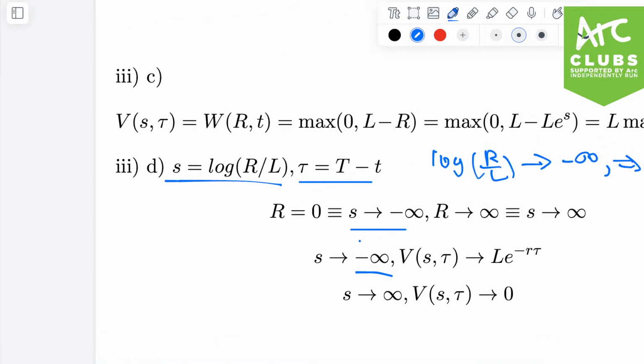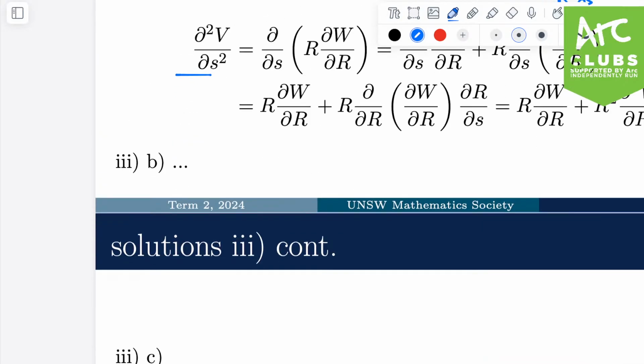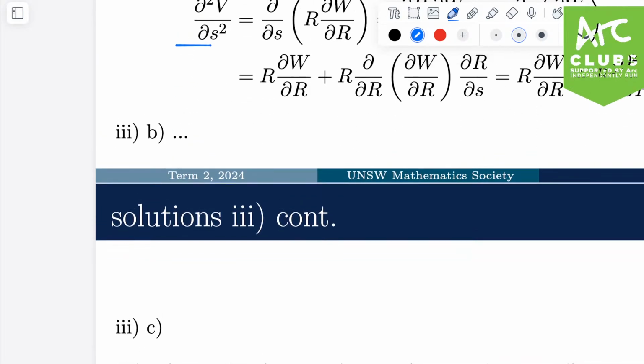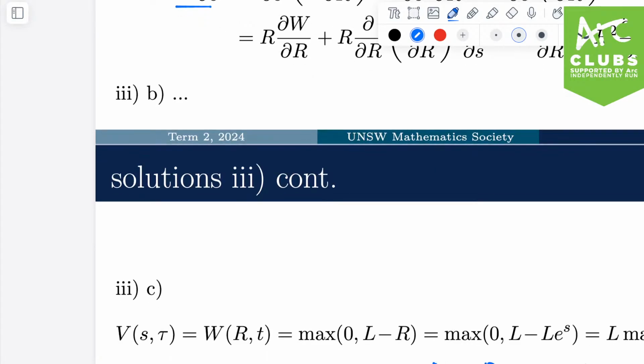So I guess nothing too complicated here. It's basically just, you still want to look at S and T, but you look at R as an expression of S and T as an expression of tau.